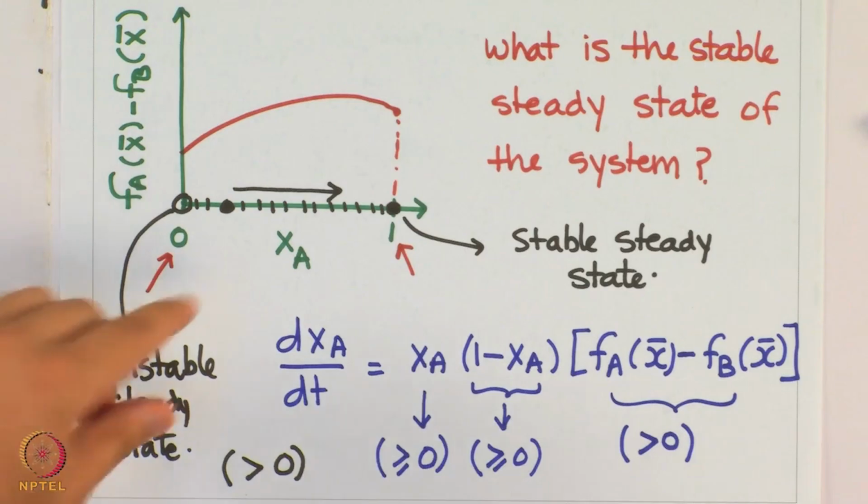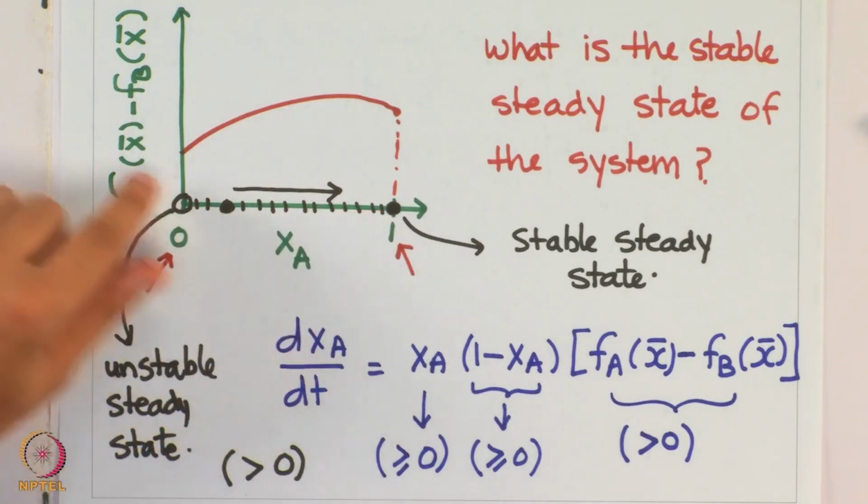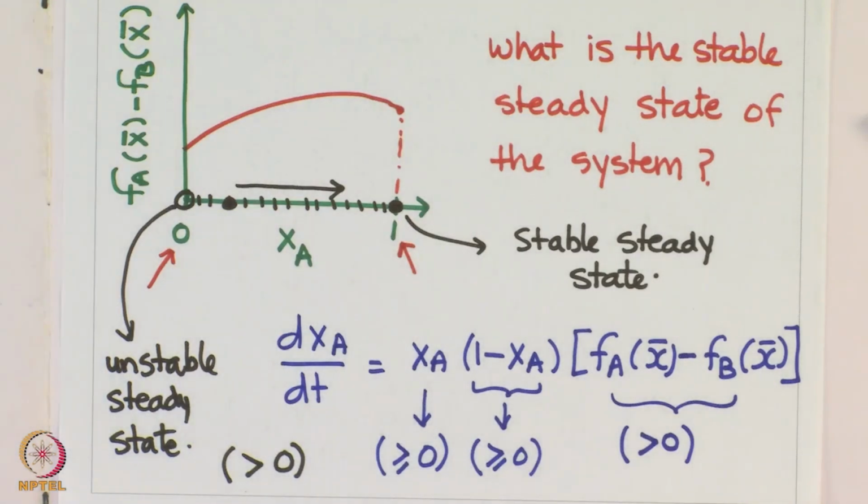What that means is that if I were to start my environment with a composition anywhere on this scale, fitness of A minus fitness of B is greater than 0, which means that fitness of A is more than fitness of B, and selection is going to act and select for genotype A and remove genotype B. So, A is growing at a rate which is greater than the rate at which genotype B is growing, and that fact is independent of the composition of the population in the setting that we are talking about right here.